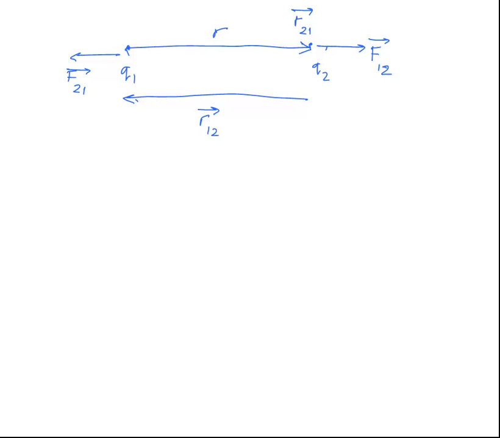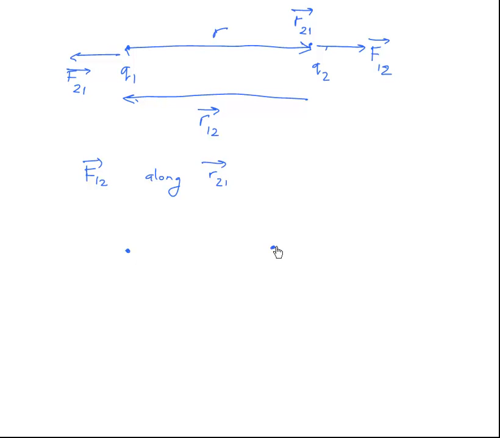The way we've denoted these things makes it a little bit confusing. R21 is the position vector that runs from 1 to 2, but F12 is the force by 1 on 2. So be careful out here. Now let's concentrate on F12. F12 acts in the same direction as R21.